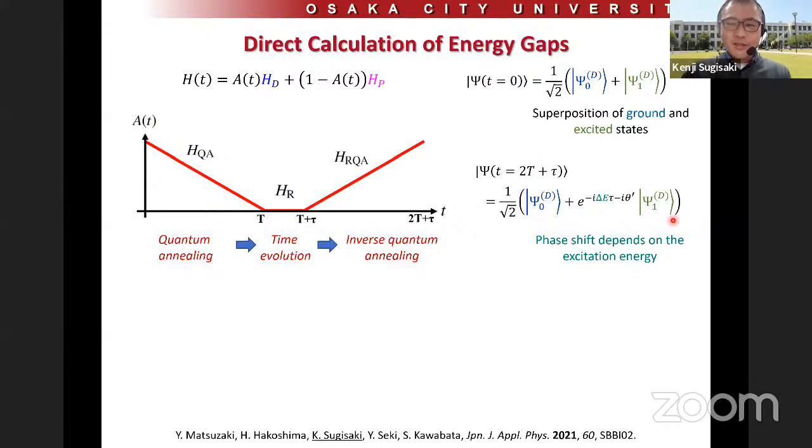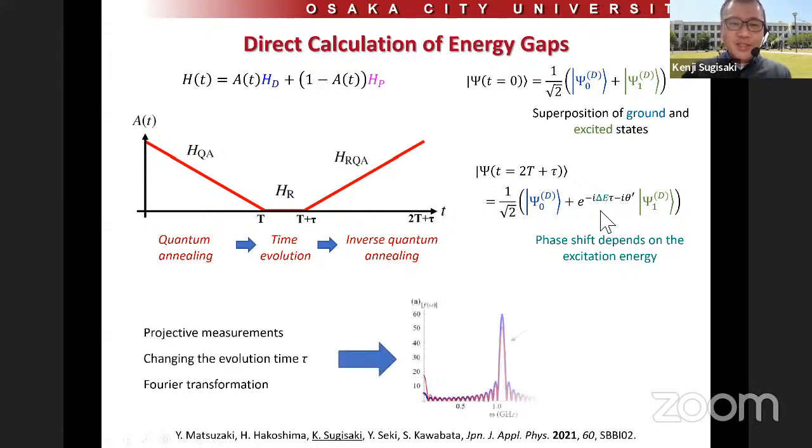So as you can see, there are some phases between the wave function of the ground state and excited state, and the phase shift depends on the excitation energy.